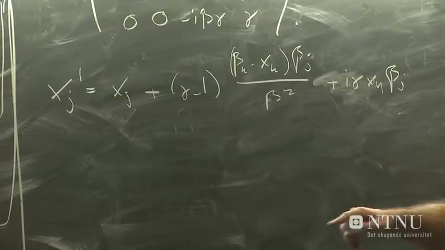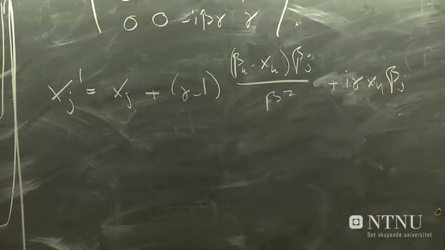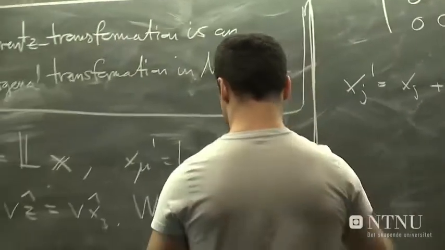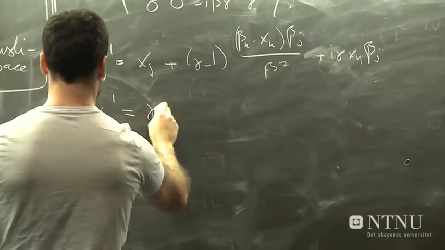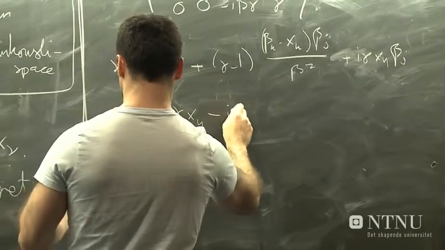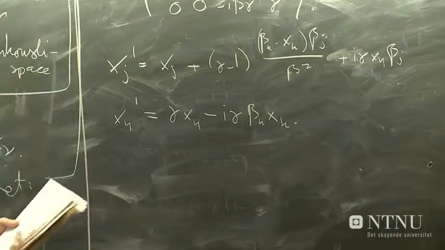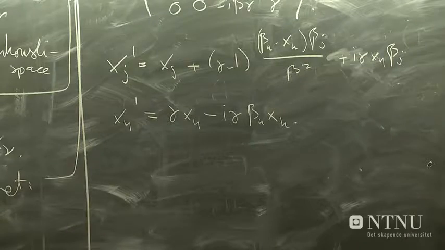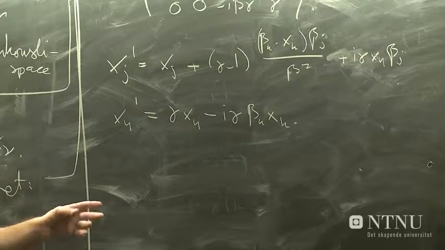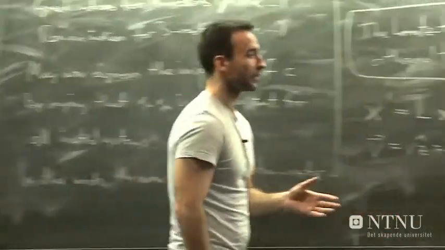And so the jth component of the upper equation is written like this. The lower equation is written like this. So again exchange time for x4 and then inserted the product between beta and r, which are both 3 vectors, so we use Roman indices.